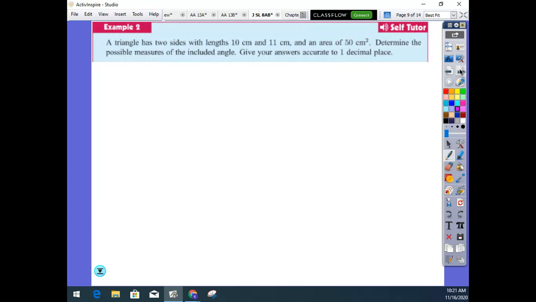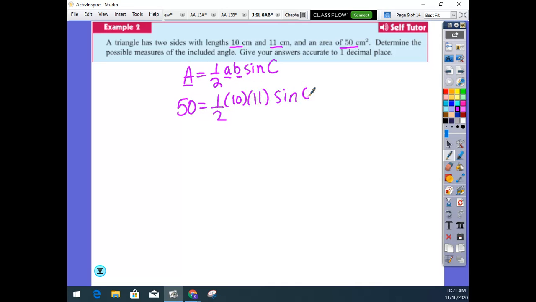All right, so this time we have 10, 11, and it gives us the area. So let's think of this. Area equals 1/2 ab sine of C. So it gives us the two sides and the area. 50 equals 1/2 times 10 times 11 sine of C. Now we need to figure out this angle C. So if I multiply, half of 10 is 5 times 11 gives me 55.